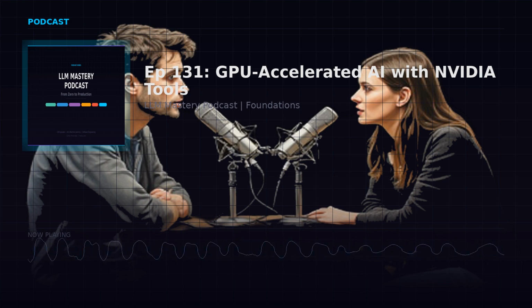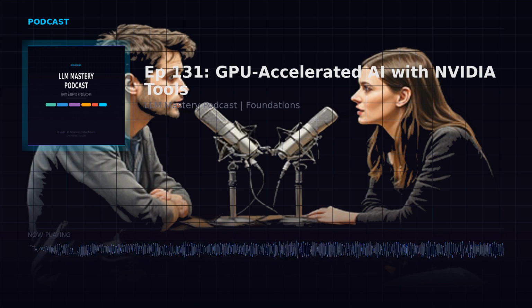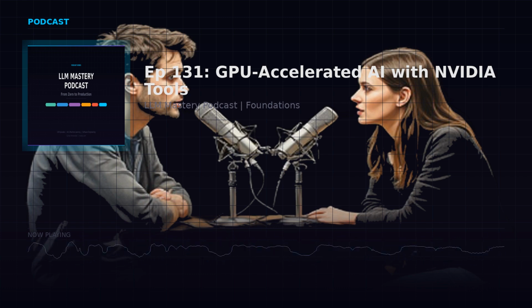Instead of you having to figure out how to write a pooling function or a forward convolution from scratch, cuDNN just provides it out of the box. Right. And pooling is downsampling a data matrix to save processing power, right? Exactly. And normalization is just scaling data to a standard range. NVIDIA has already written the absolute most mathematically optimal hardware-specific version of those functions for you. Nice. So cuDNN is the standard library.